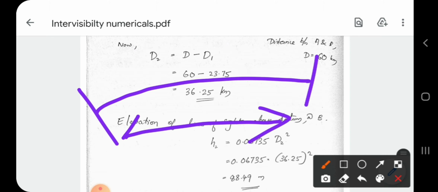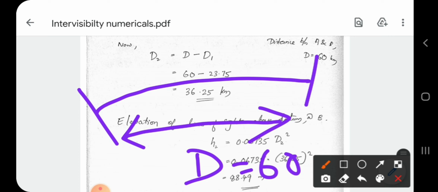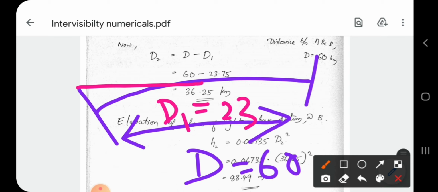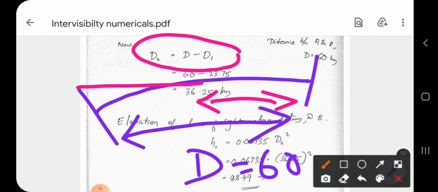We know what D is, 60, and D1 is 23.75. So we can find D2 as equal to D minus D1.